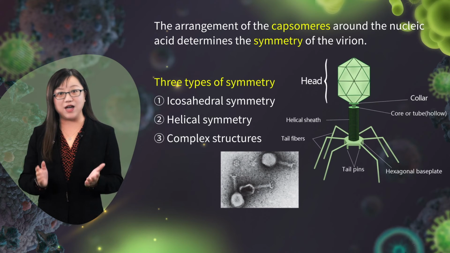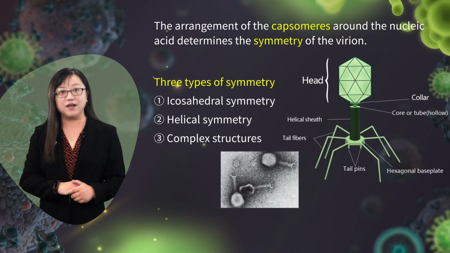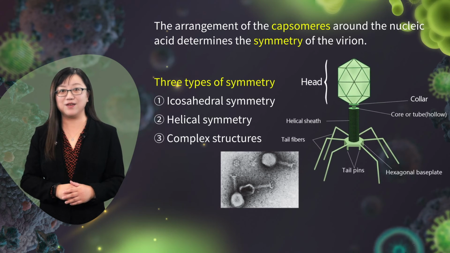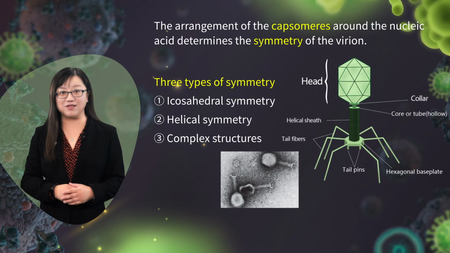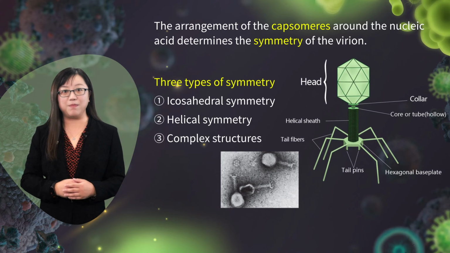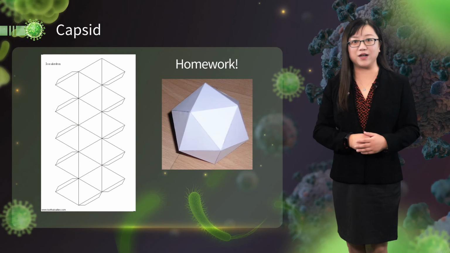The icosahedron is an approximation of a sphere assembled from symmetric subunits, whereas helical structures appear as rods. The complex forms are associated with bacteriophages. Here is your homework.